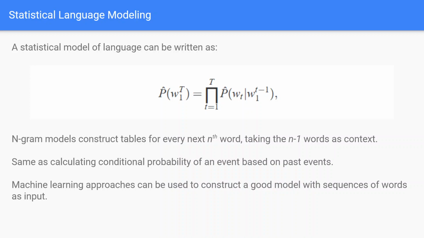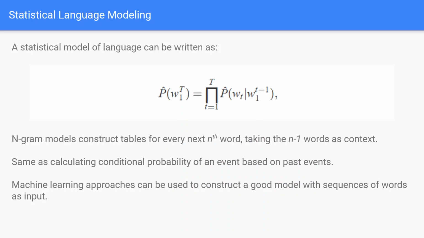So after I, it should be love. After love, it should be eating. After eating, it should be something, some food. So this was a proposed method, and if you've studied probability before, this might seem like calculating the conditional probability of an event based on past events.